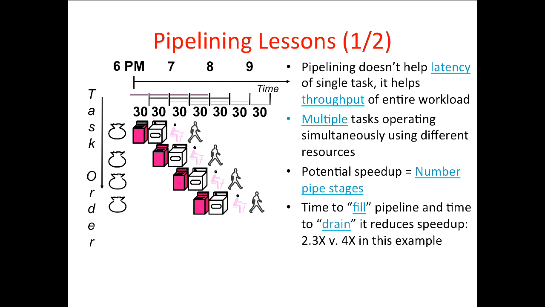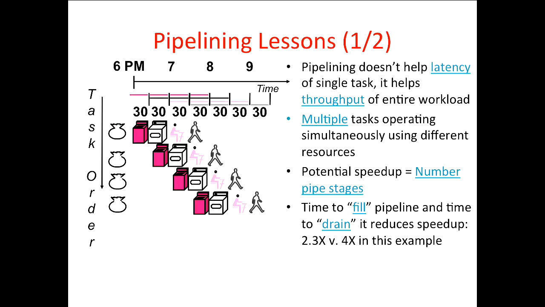So my maximum speedup is a factor of 4 over the base case of doing all the pieces sequentially. Here I have 4 stages of wash, dry, fold, stash, and so the maximum speedup I can have is a factor of 4, assuming I only have 1 each of a washer, dryer, a folder, and a stasher, right? So the maximum speedup is given by the number of pipeline stages.